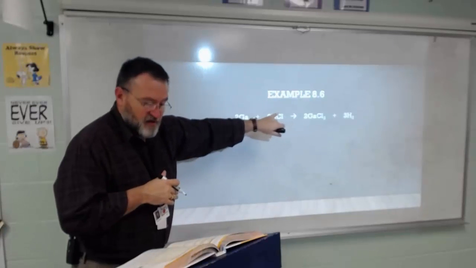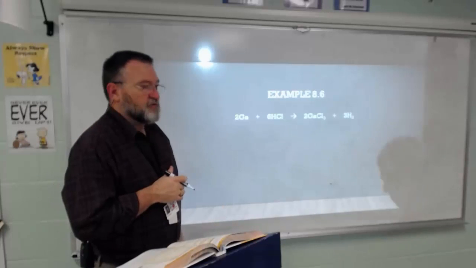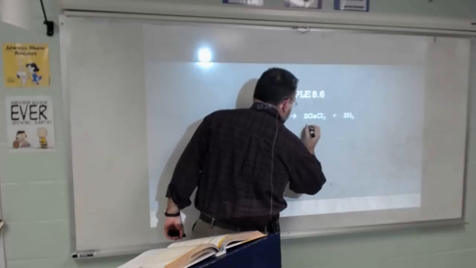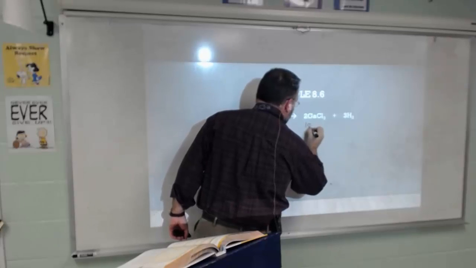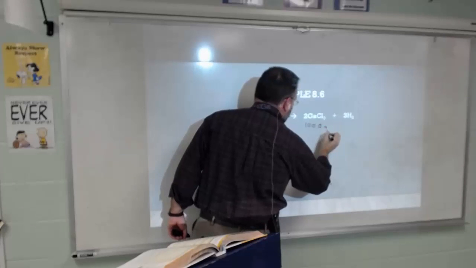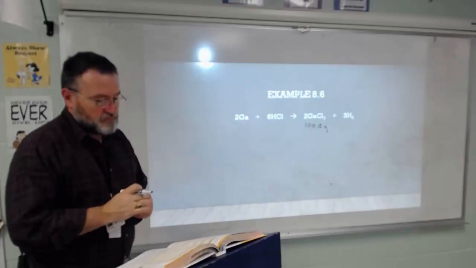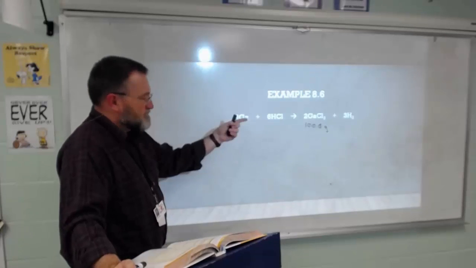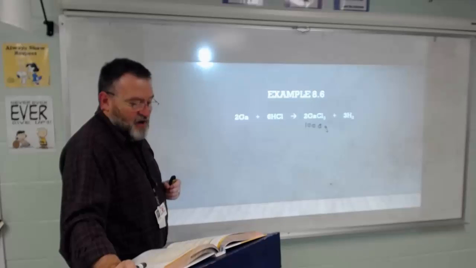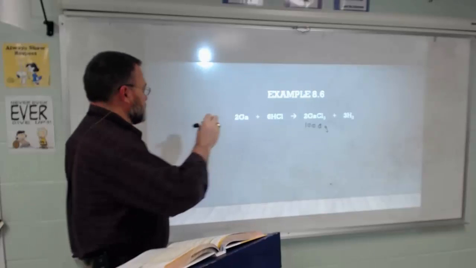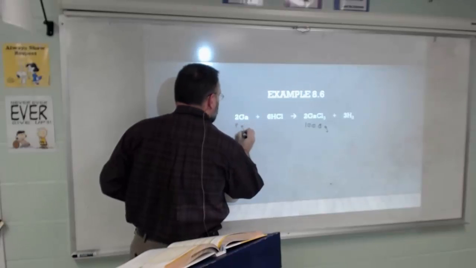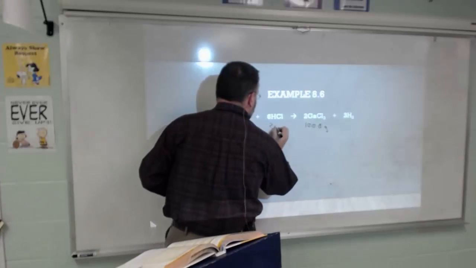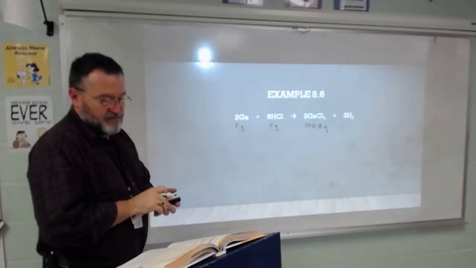The problem says the chemist needs to produce 100.0 grams of gallium trichloride. Using the following reaction equation, how many grams of gallium and how many grams of hydrochloric acid are necessary to accomplish this?